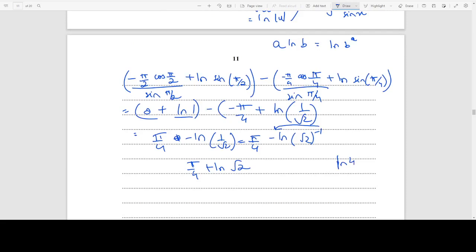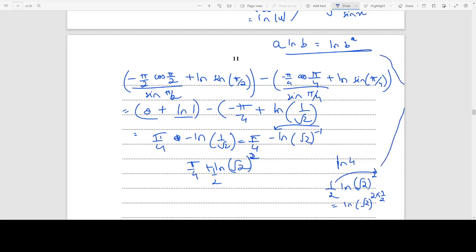So let's say I take the square of this and divide this by half, because if you see, it's actually the same thing. Half ln root 2 the whole square is equal to ln root 2 square into 1 half. Using this rule, this gets cut, which is simply ln root 2.